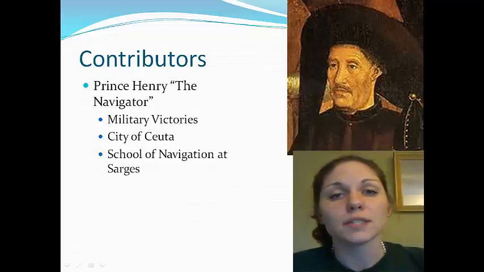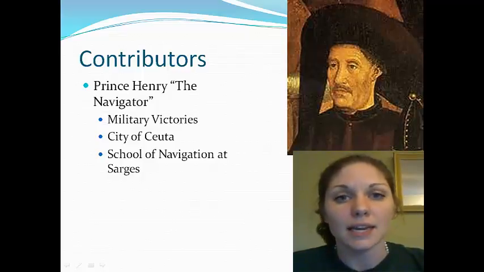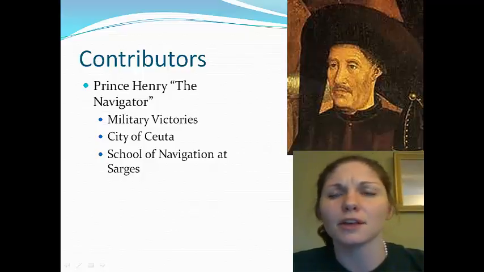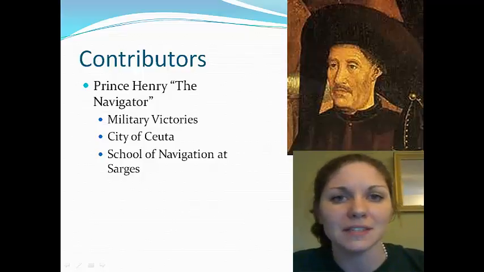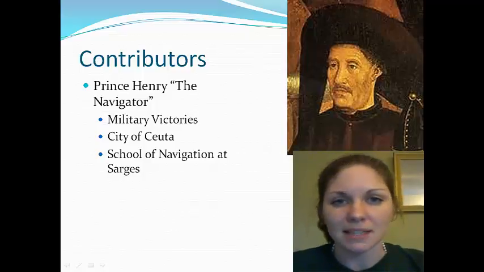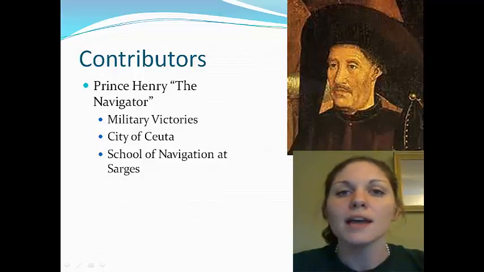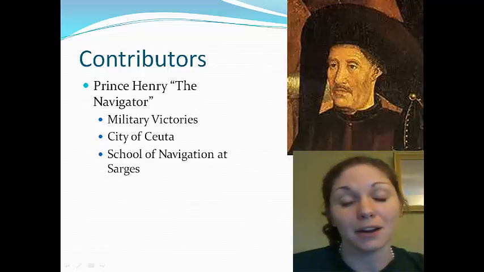At this school, scientists and astronomers and navigators come, and they study, and they debunk myths of the time, like the ocean boils when you hit the south, or that the world is flat. All these myths that would prevent someone from exploring or make it difficult to explore, they debunk, and they make better maps, like I was talking about on our last slide.